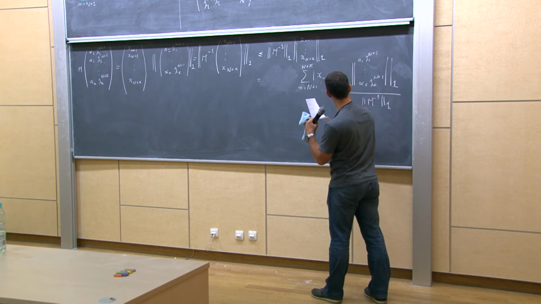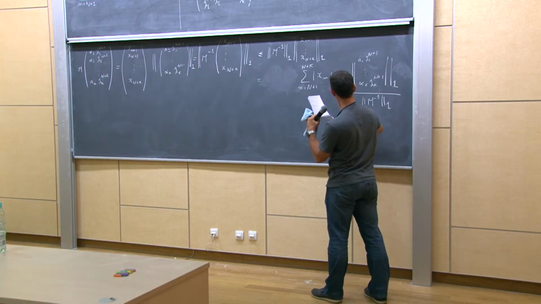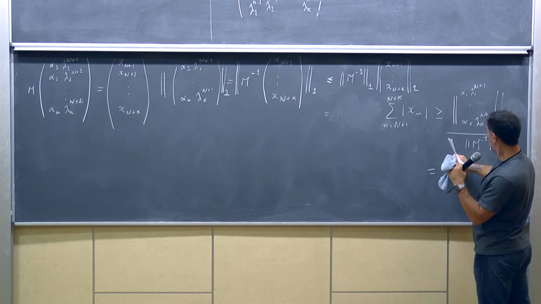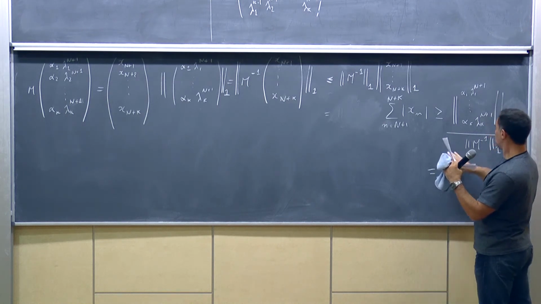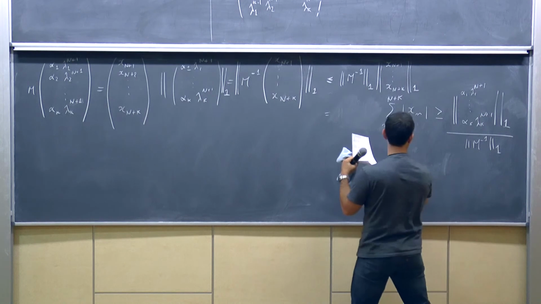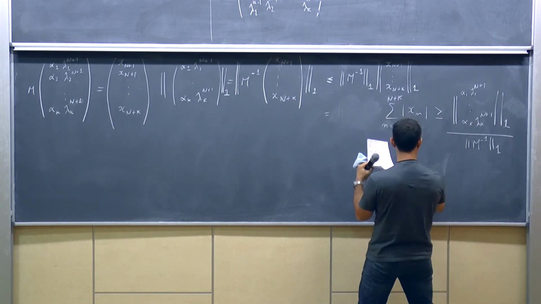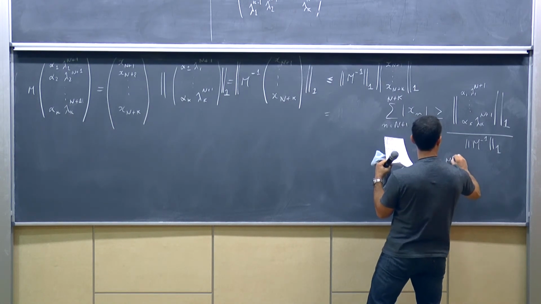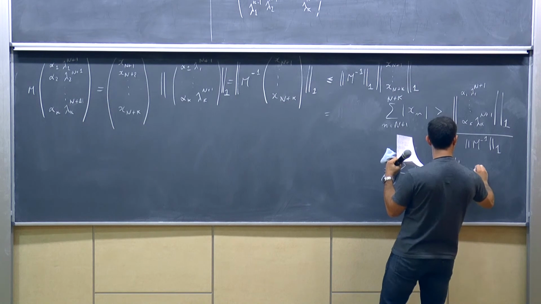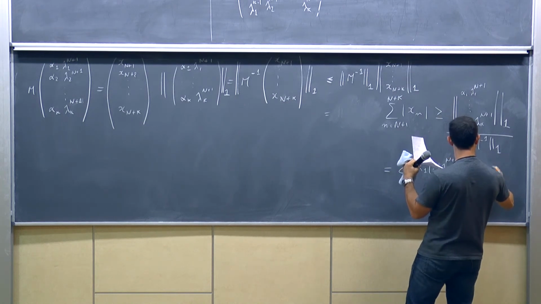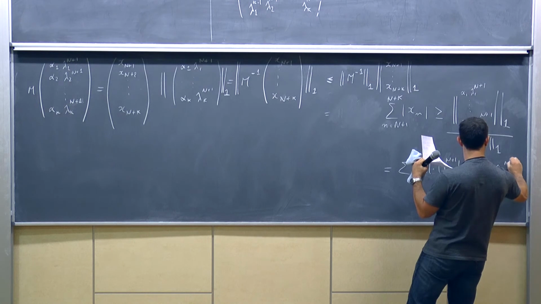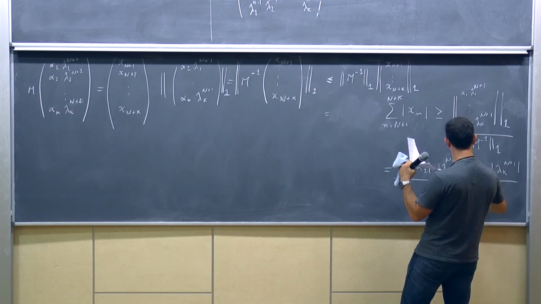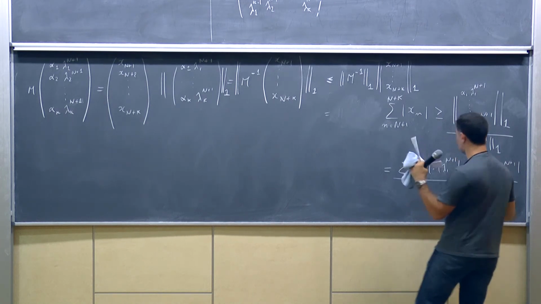So what is this expression? This expression is the summation of alpha 1 times lambda 1 to the n plus 1 plus and so on plus alpha k times lambda k to the n plus 1, divided by the one norm of M inverse, right?